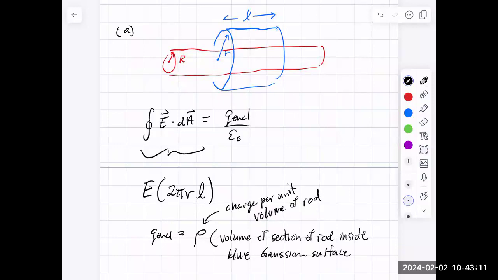If we know the volume of the rod that's inside our surface, and we know the charge per unit volume of the rod, the product of those two gives us the charge. So the relevant volume is this one. I'll try to shade it. So this is the relevant volume. So what's the volume of that red shaded section of our rod?